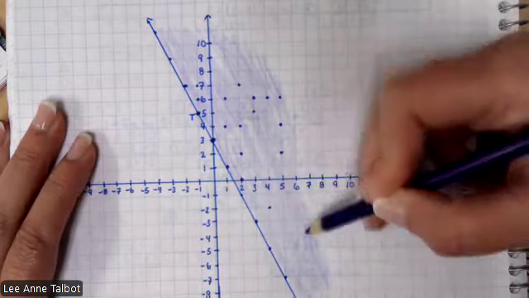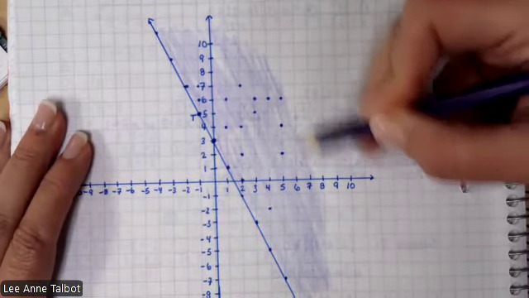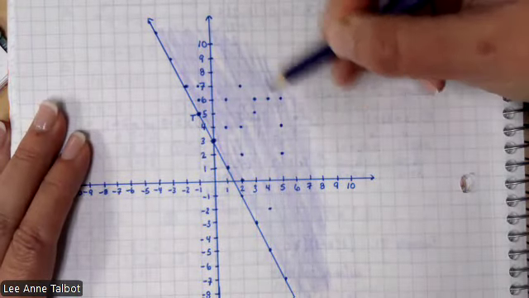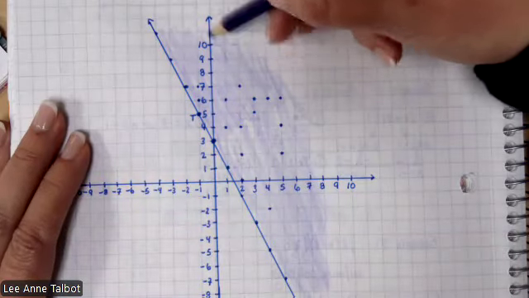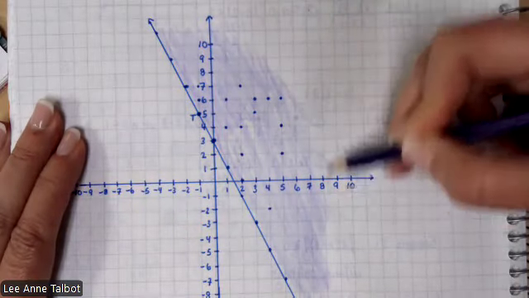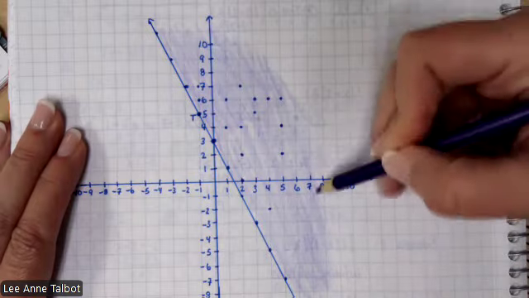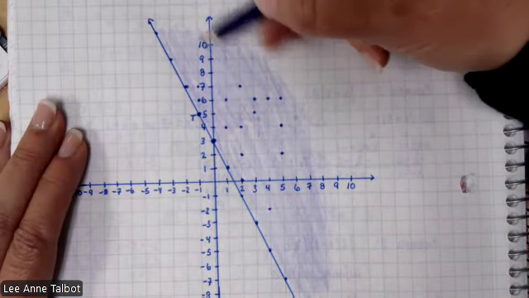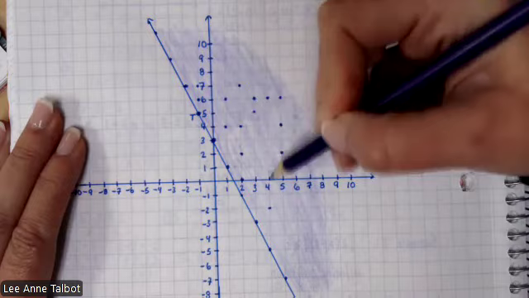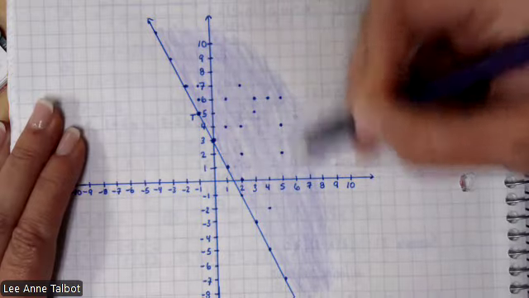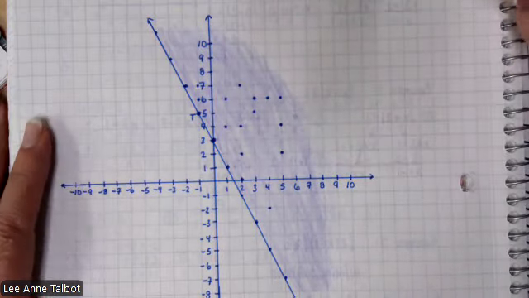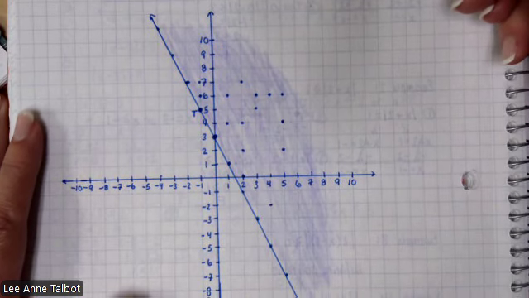Okay, now here's my next question. How many points do I need to plug in to figure out which side to shade on? How many things do we plug in on a number line? You plug 10 different numbers in on a number line?